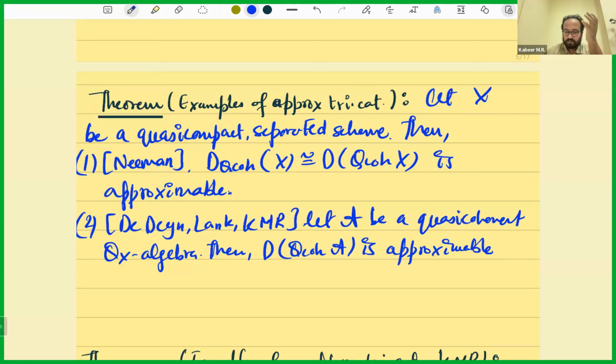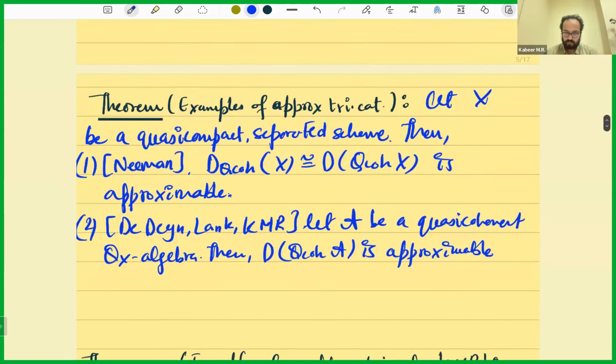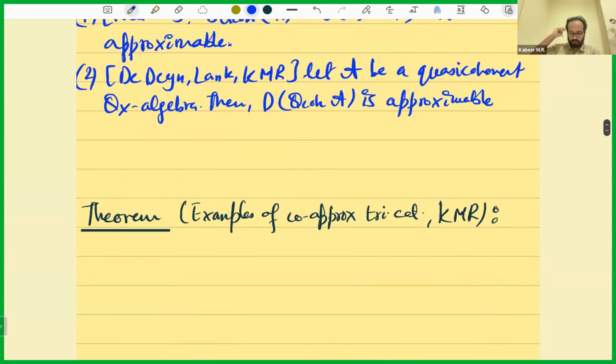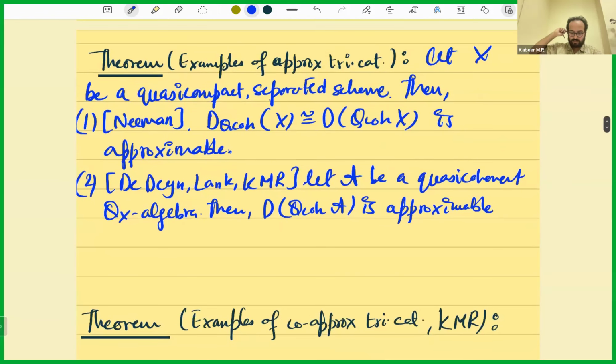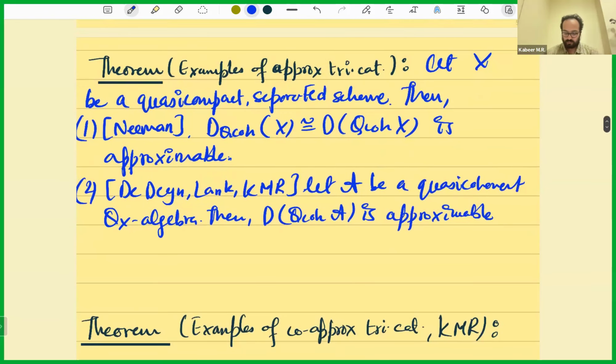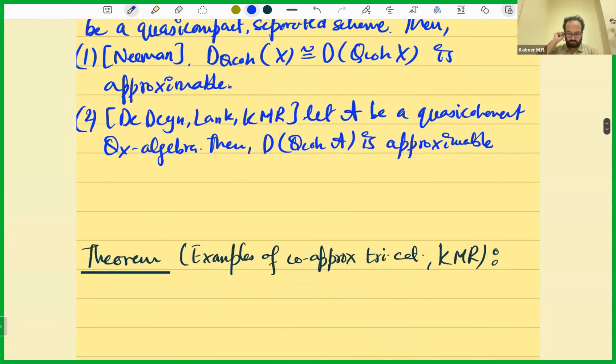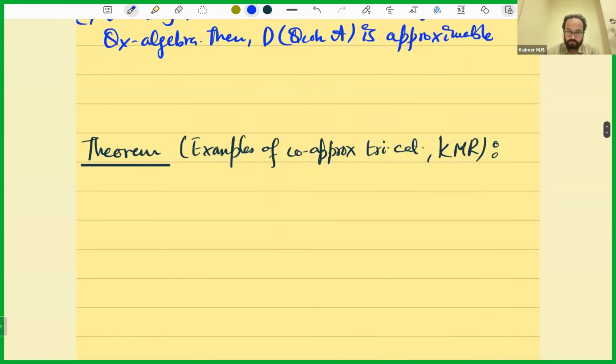But there are experts here. Maybe I'm wrong, sorry. No, that's totally fine. In any case, he does it for the derived category of sheaves with quasi-coherent cohomology. So this part is definitely true. I feel that this should be fine, but if not, my bad.